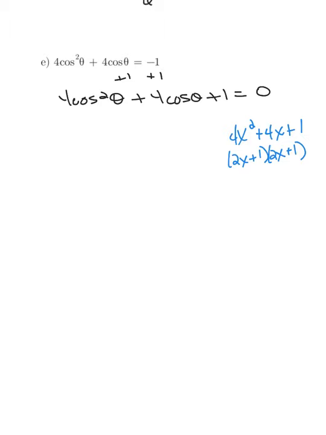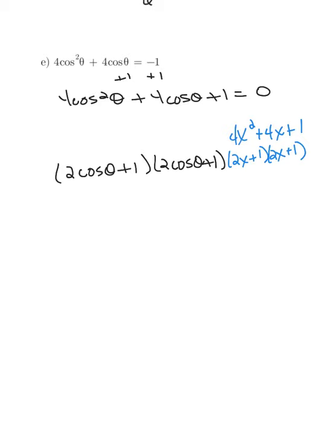So what that tells me is that this problem will factor into 2 cosine theta plus 1 times 2 cosine theta plus 1. Well, that's the same thing.